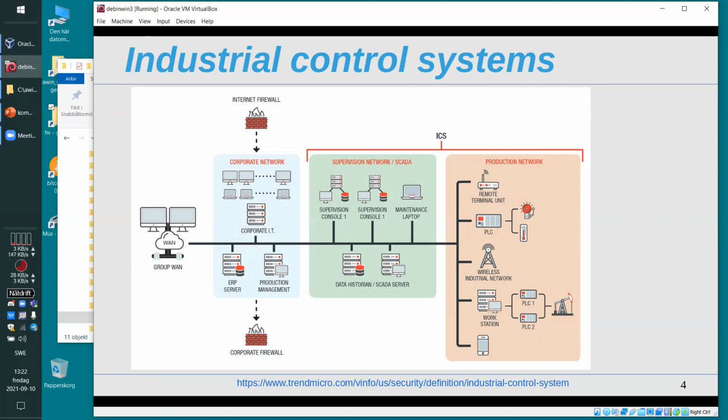And we usually distinguish between different parts here. We have the production network, where you find the small computers that really interact and control stuff, like a robot and things like that. And you have the PLC, programmable logic computer, that's probably what it stands for.